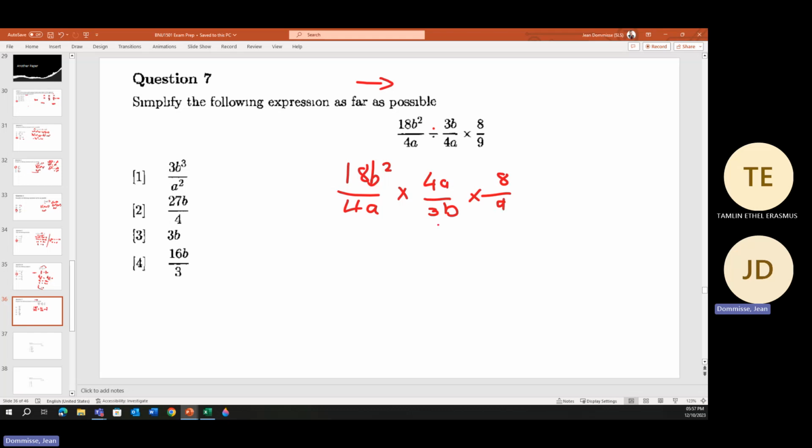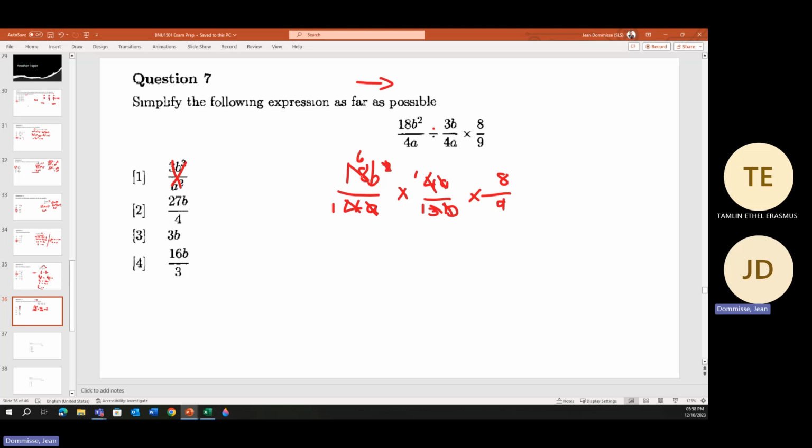Okay, so let's see if we can at least cancel a few things out. So 4 goes into there once, 4 goes into there once. So that one can just cancel out. And okay, very interesting, 1 with a, so we can already say my a's are gone. 3 goes into 3 once, 3 goes into 18 6 times. b goes into b once, b goes into b squared, so that is left 1.